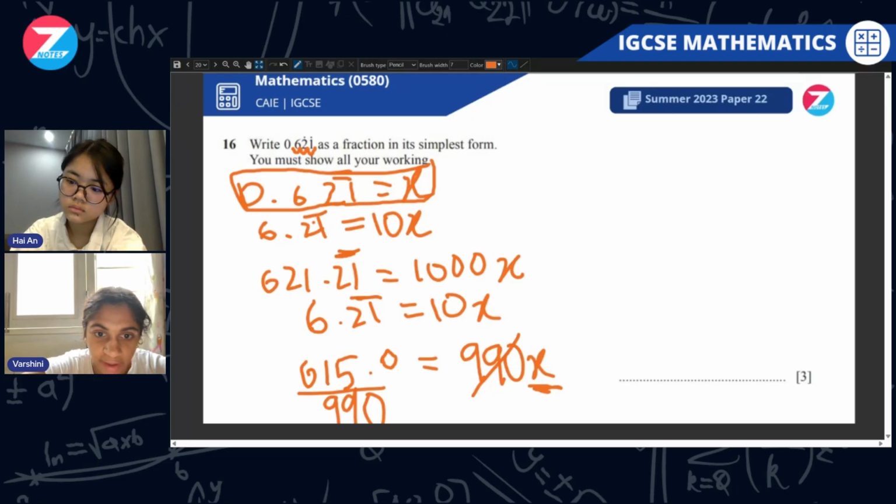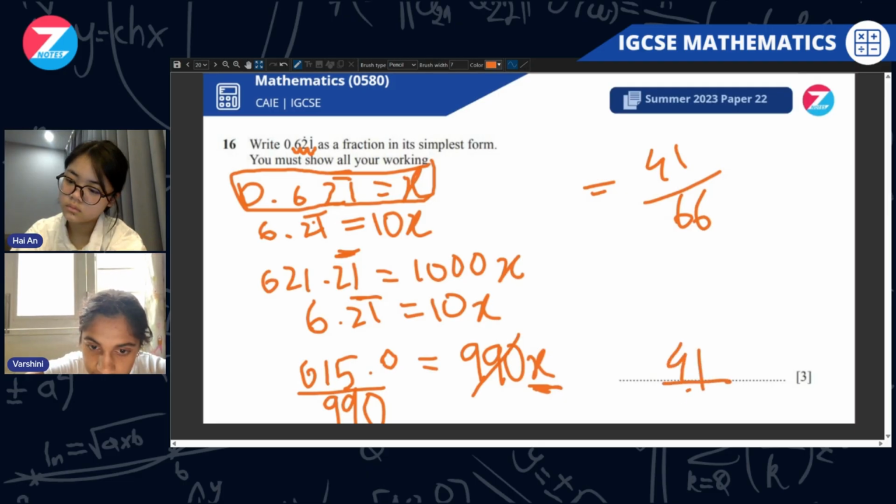If you want to simplify it, just put that value in your calculator, 615 divided by 990, and it should give you the simplified value. If not, change your settings until you have the fraction option as what your answer comes in. So that's going to give us 41 by 66. So that is our answer.